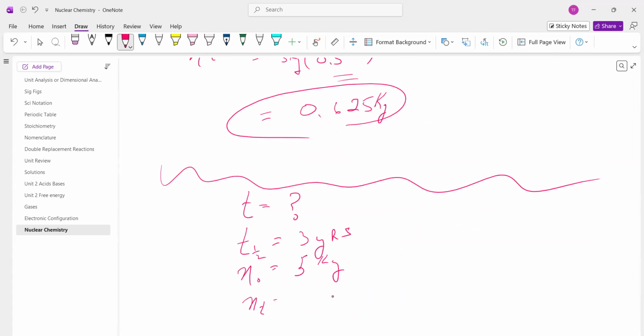And okay, so we don't know the time it takes to take that 5 kilograms and half-life it down to 1.